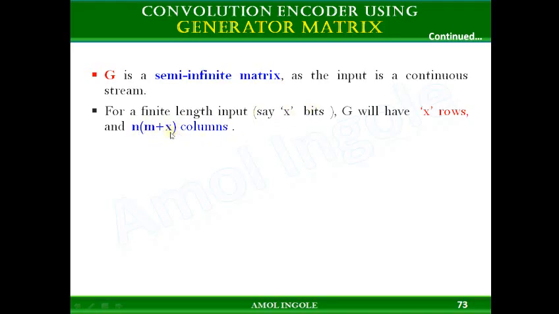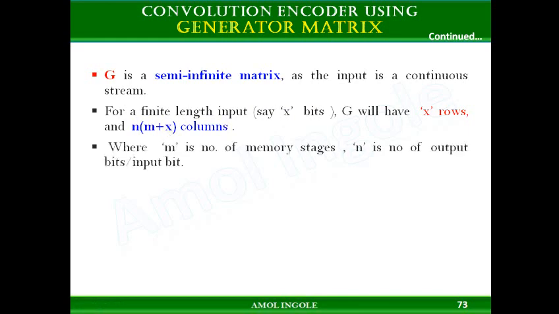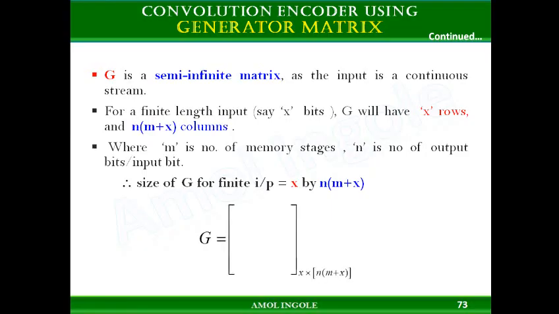So those many columns you will have in the generator matrix. The size of the generator matrix will be x by n into m plus x.